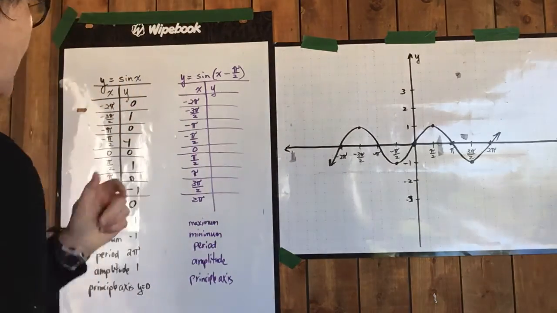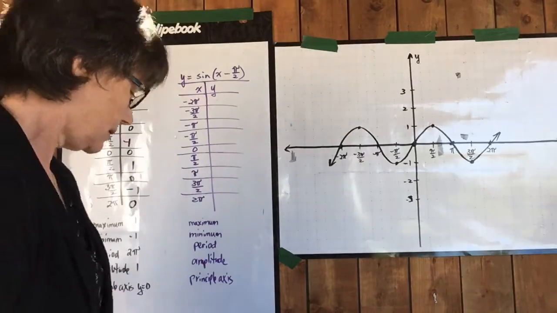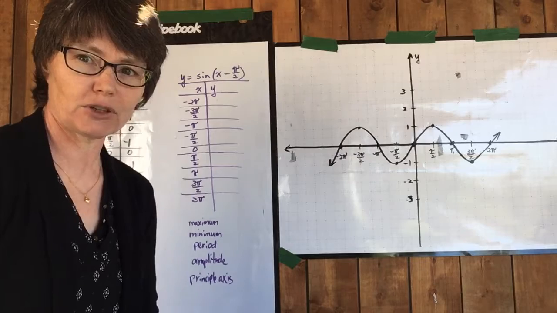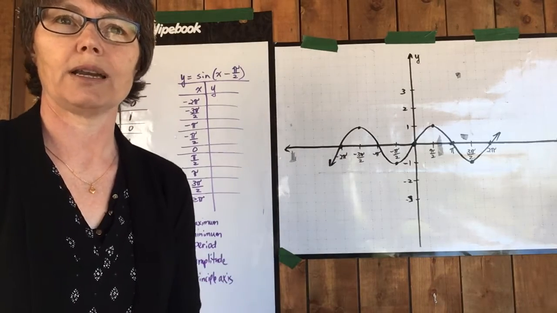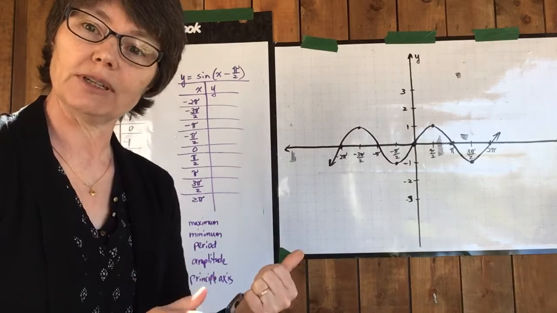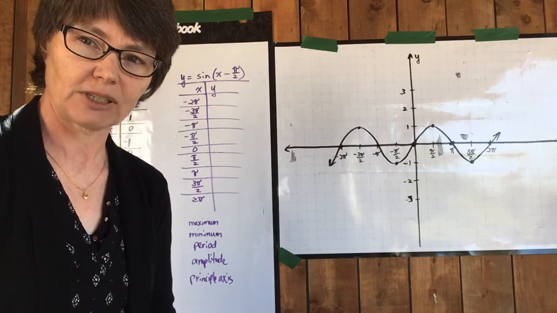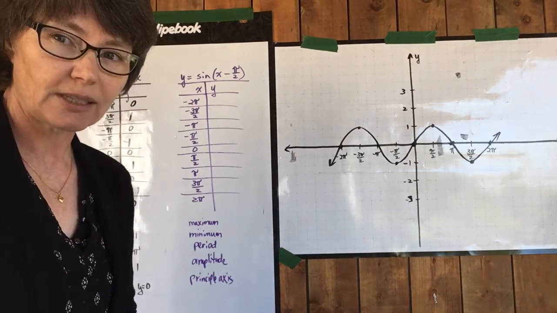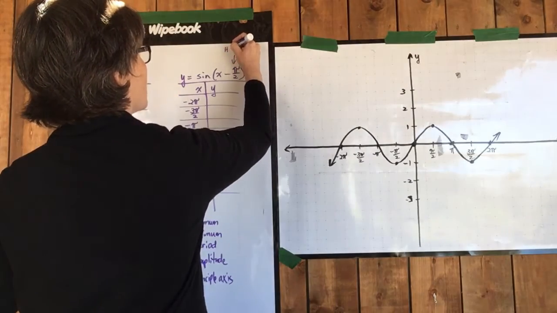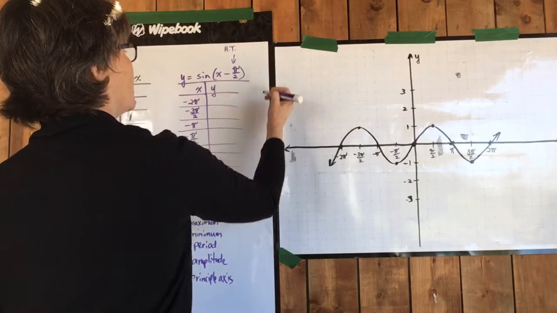Now let's look at y equals sine of, in brackets, x minus pi over 2. Think about what kind of transformation is actually happening here. If you did the video on transformational form of a sine function, you'll notice that this is in the horizontal translation position.